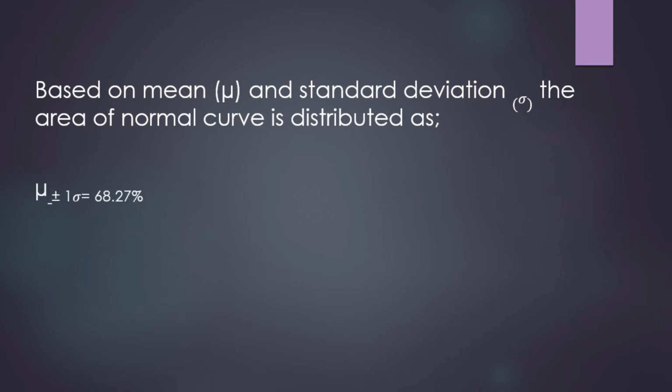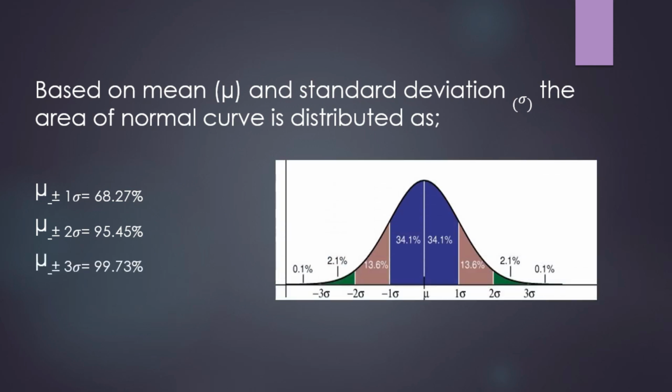Like mean with one standard deviation indicates 68.27%, and mean with two standard deviations indicates 95.45%, and mean with 3 standard deviations indicates 99.73%. So in the bell-shaped curve which is given here, you can see the percentage of the distribution in accordance with mean and standard deviations. So that will be spread on both sides of the mean.